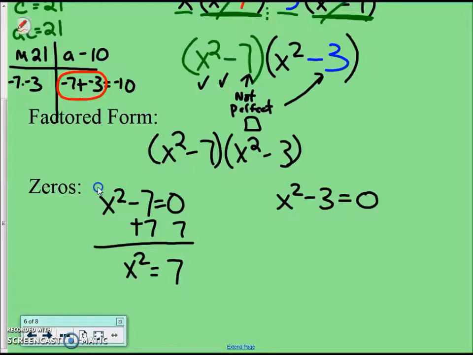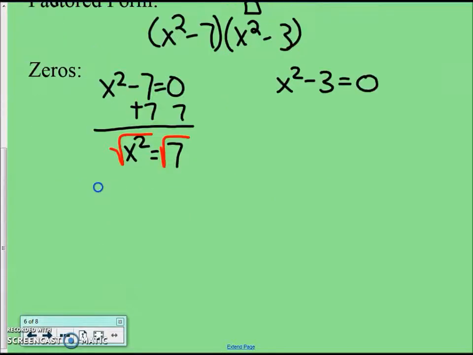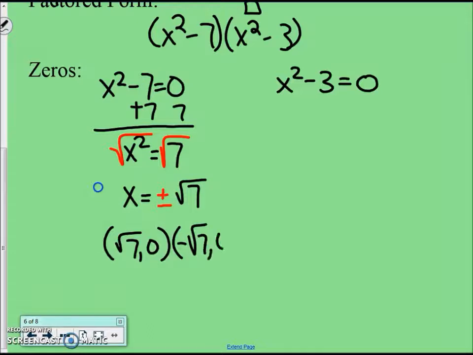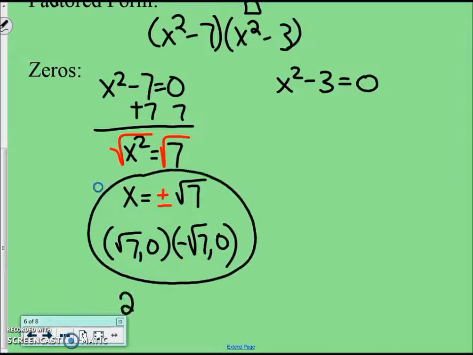Take the square root of both sides, and we're going to get x is equal to plus or minus the square root of 7. So x is plus or minus the square root of 7, which means our zeros are square root of 7 comma 0, and negative square root of 7 comma 0. Okay, those are two zeros right there.